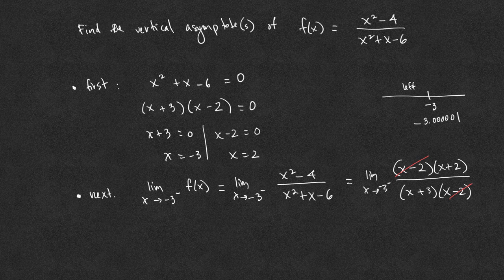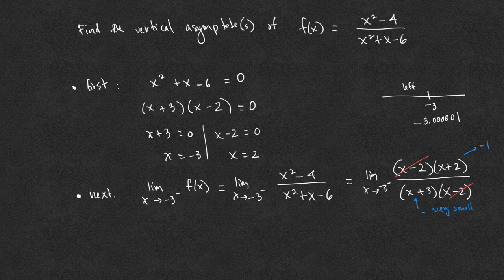If we plug in this number into x in the numerator, we end up with a number that is very close to -1, -3.000001 plus 2. And if we plug in -3.000001 into x in the denominator, plus 3, we would end up with a very small number, and it is negative.